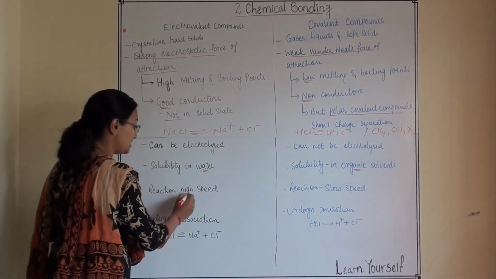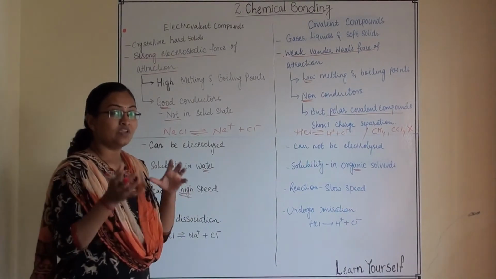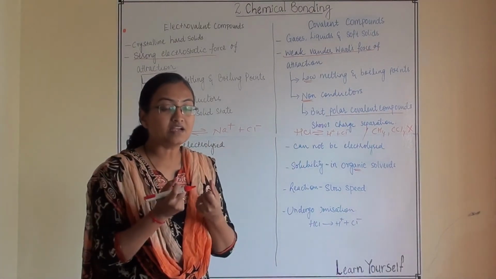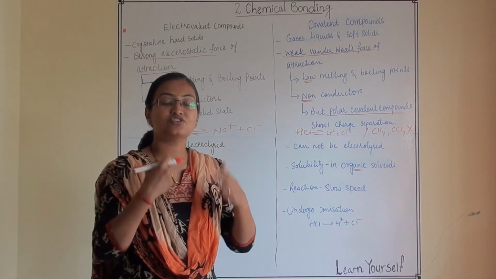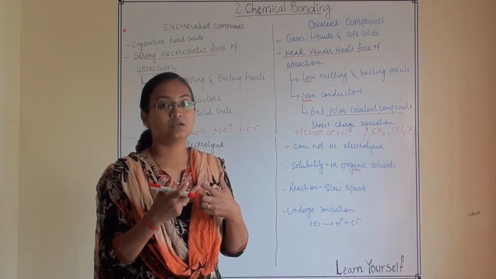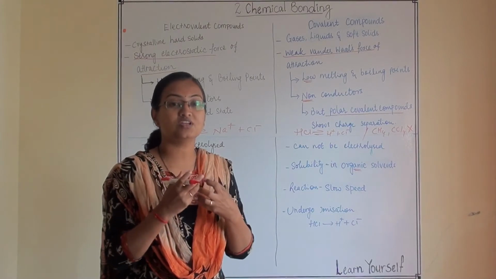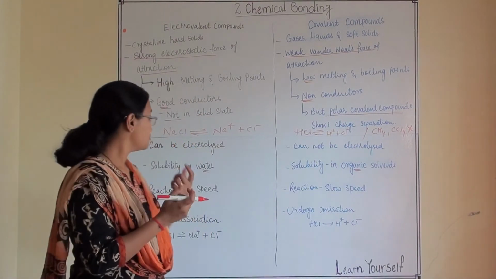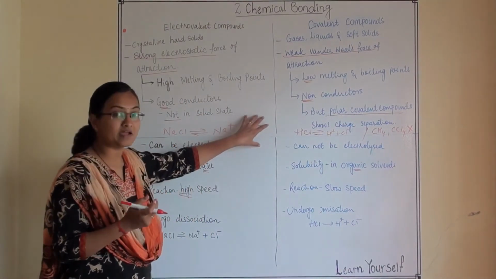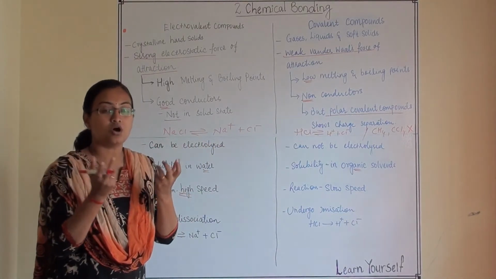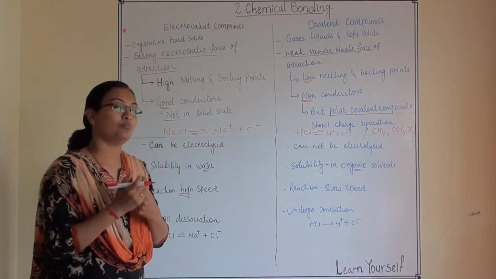Reaction is high speed. We need to understand that whenever the force of attraction is more, the combining force is more, then reaction speed will be increased because they come together fast and join to form a molecule. So whenever Na plus and Cl minus are there, immediately they will come together because of the opposite charge attraction and form a molecule.